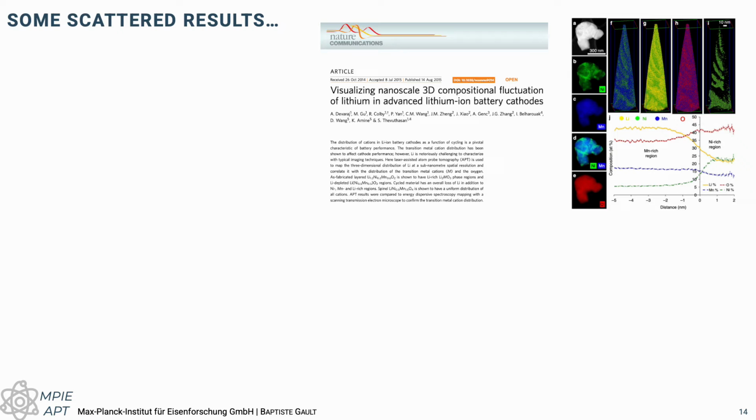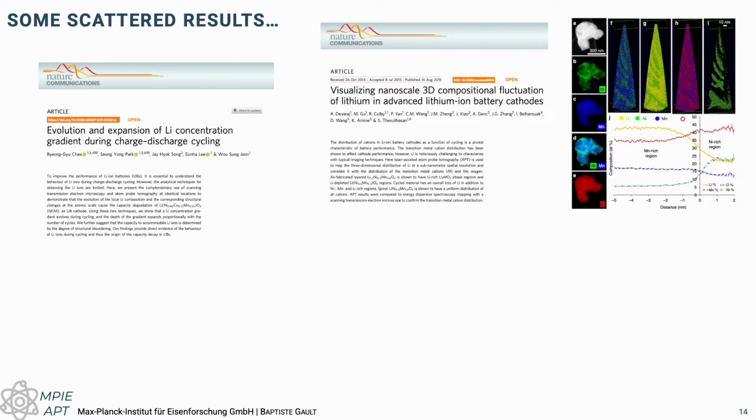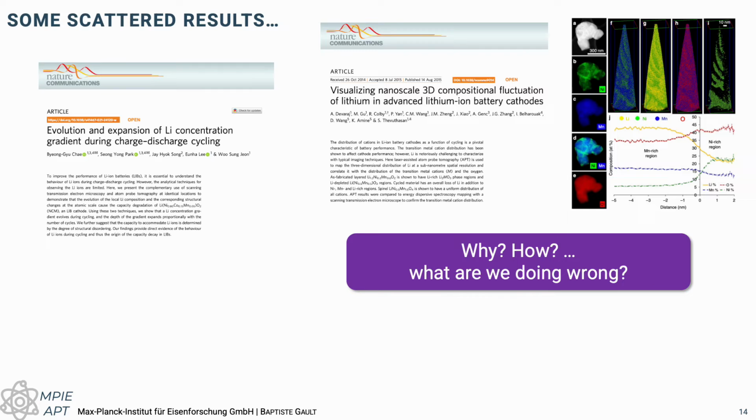Yet there were a couple of interesting reports also back in the mid-2010s and earlier in 2021, articles reporting on the lithium distribution in some of these cathode materials, primarily nickel, manganese, cobalt oxides. And so why did it seem to work?